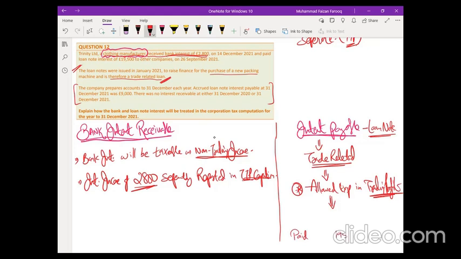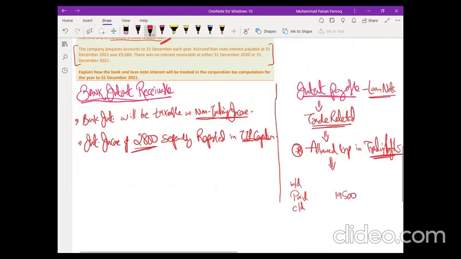There is no interest receivable at either 31st December 2020 or 2021. Now see how much interest we paid. How much we paid? 19,500. Now there is a format.